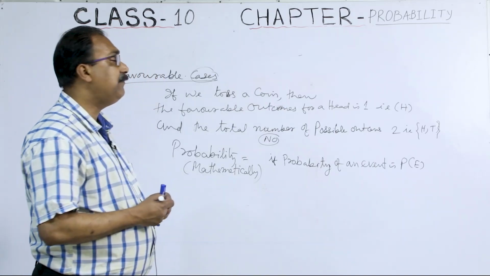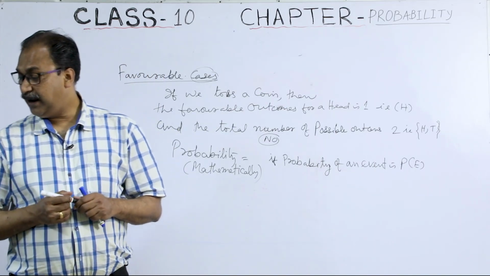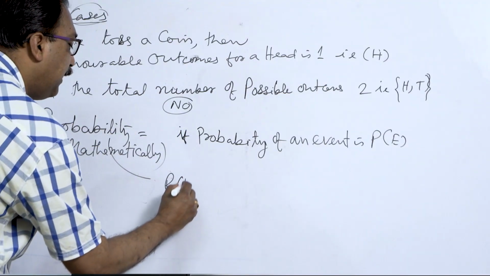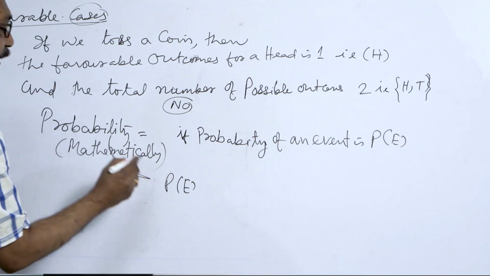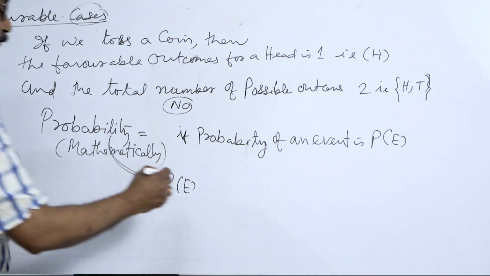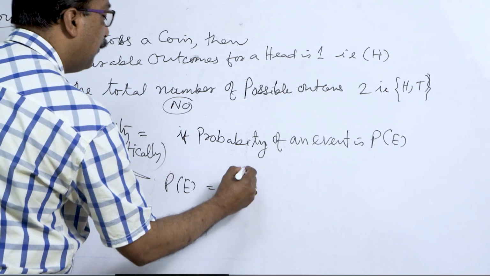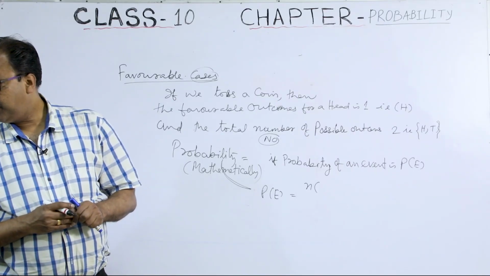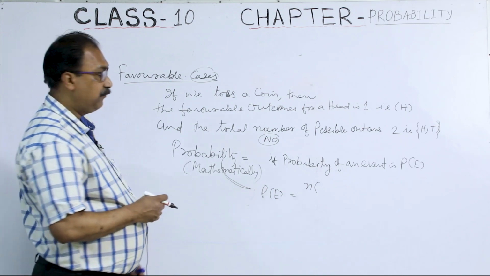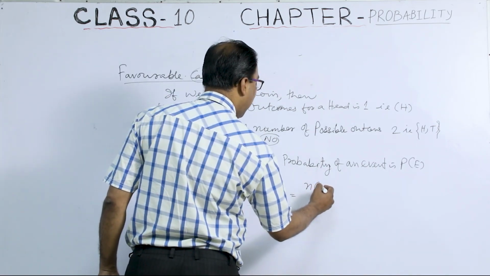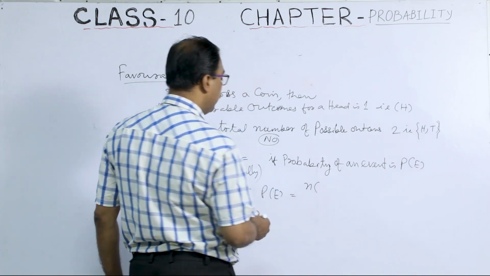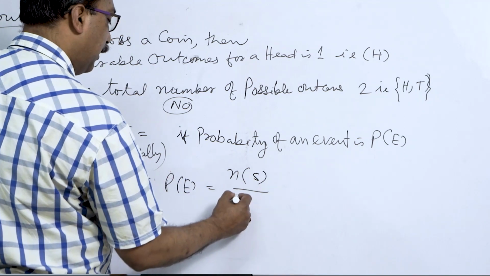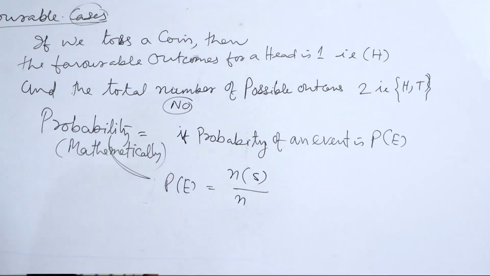If the probability of an event is P of E, then probability is defined as P of E equal to what? The number of favorable outcomes, say n of the event, divided by the total number of possible outcomes.